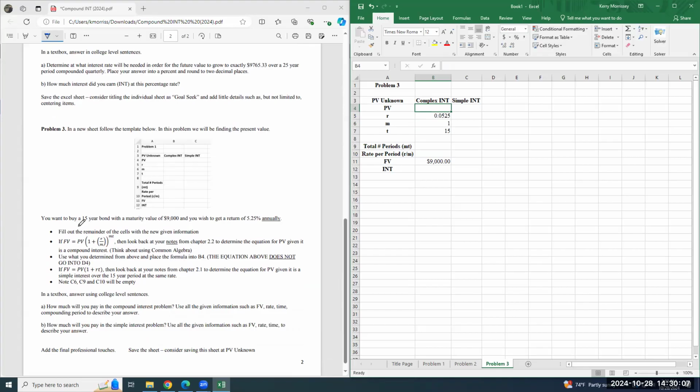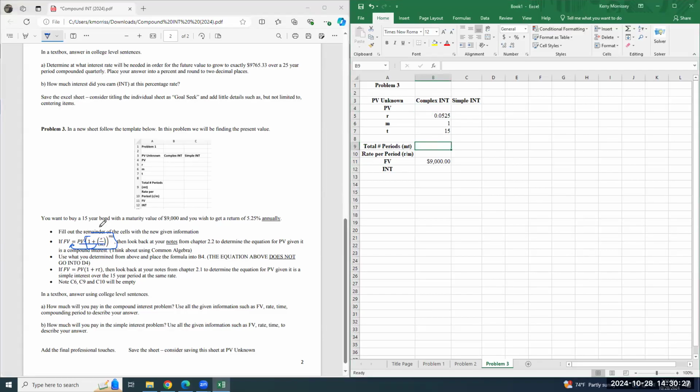So if we have this for your future value, that just means for your present value, we can take this amount here, divide it, and put it on the other side, leaving your PV alone.